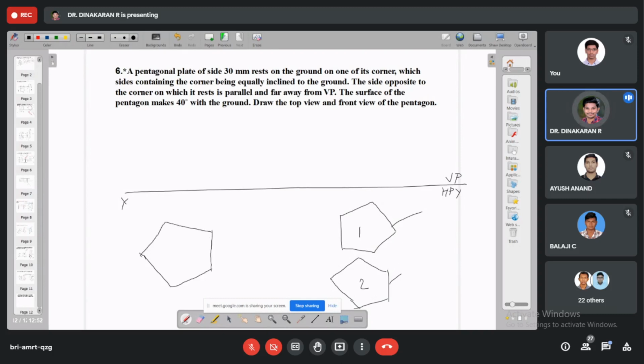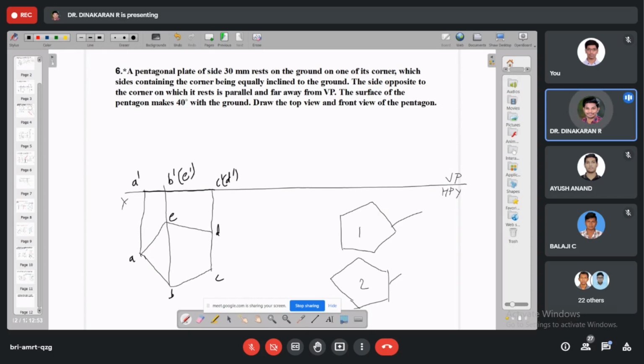Drawing the point. Then after that, the corner is inclined to the ground. Is the surface inclination given or not? Yes, sir, 40 degrees is given. So placing A, B, C, D, E, then A dash, B dash, C dash, D dash is invisible, E dash also invisible.